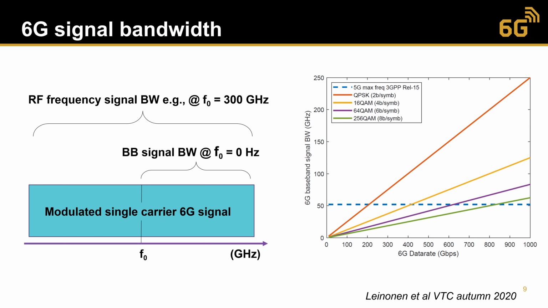As an example, if a 200 gigabits per second data rate is needed for the 6G system, then a 50 GHz analog baseband signal is needed with QPSK modulation. Then the 6G analog baseband signal already covers all current 5G millimeter wave frequencies as well.